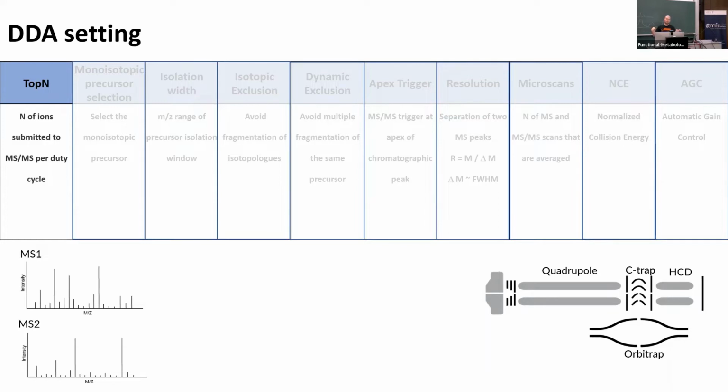And so on and so on. Now you can change the setting to do only a top 1 scan. Then it's 1 precursor scan, 1 MS-MS. Or you can do a top 50 scan. Then it does 1 precursor scan and 50 MS-MS events.